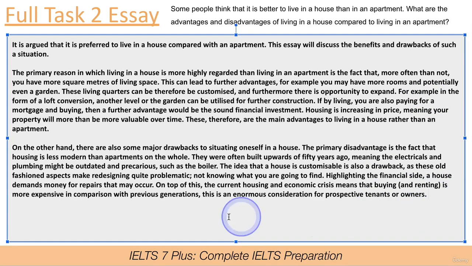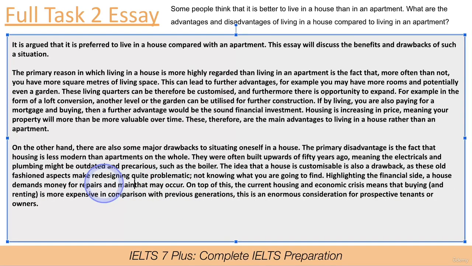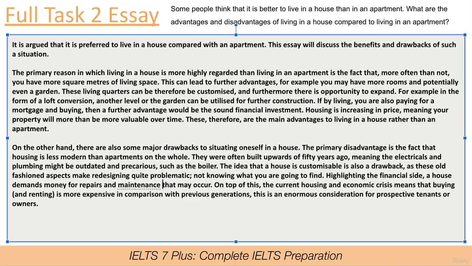Highlighting the financial side, a house demands money for repairs that may occur. Repairs and maintenance that may occur. Okay, I think that's strong. I think that's a good second disadvantages paragraph there.